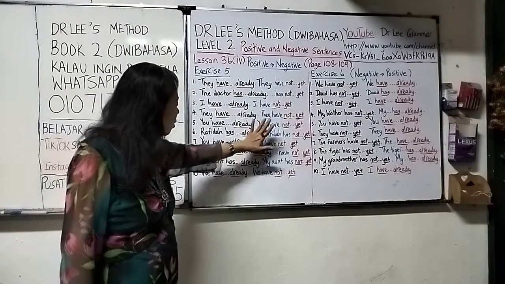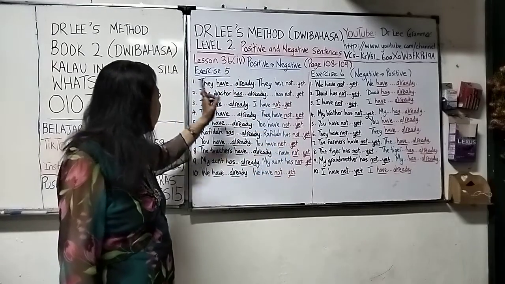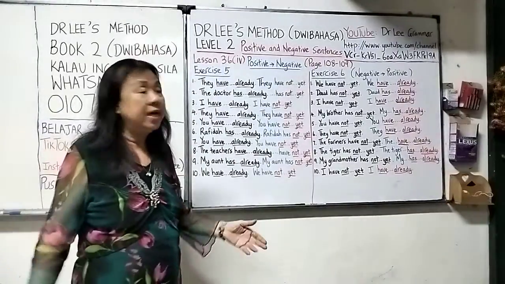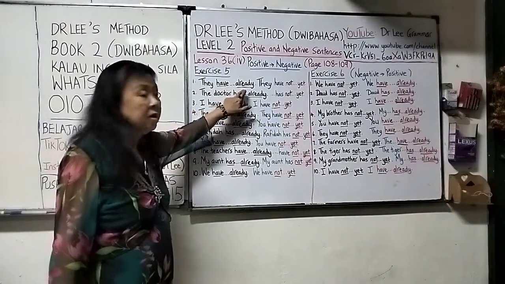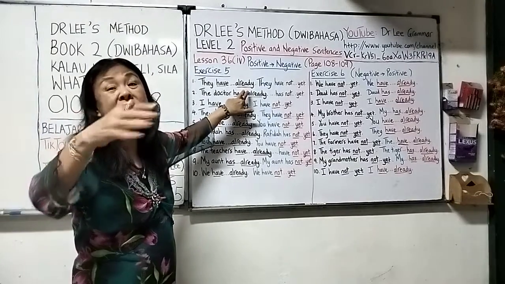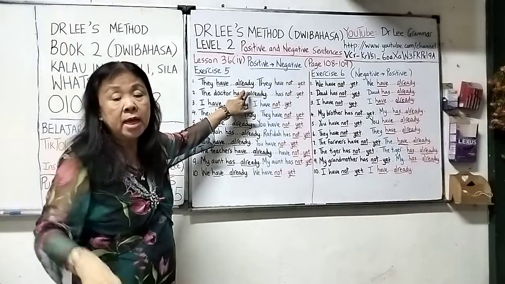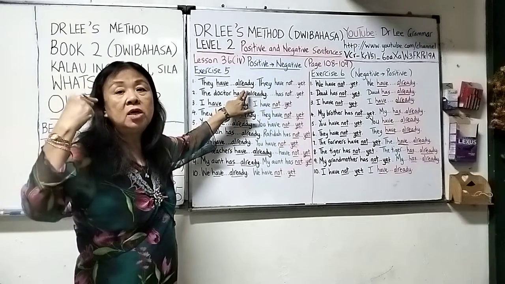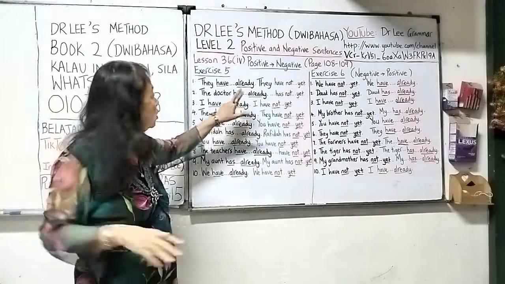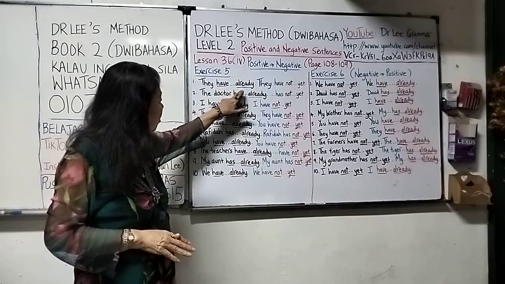Given positive, your job is to change to the negative. So let me read. They have painted the wall already. When you use have, your meaning is already. Whether you write this word or you say this word, it does not matter. The ultimate thing is your meaning is already. The job is done. So when you use have, it's already.